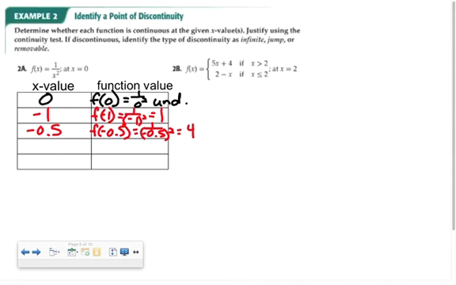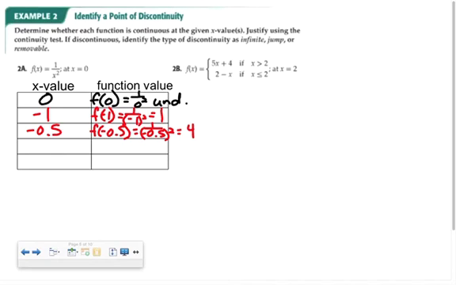So as I'm getting closer to 0, like -1 and -0.5 are getting closer to 0, my y values, my function values, are increasing. And so it looks like that might be increasing by quite a bit.